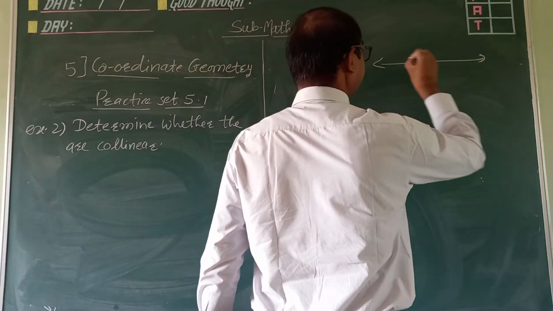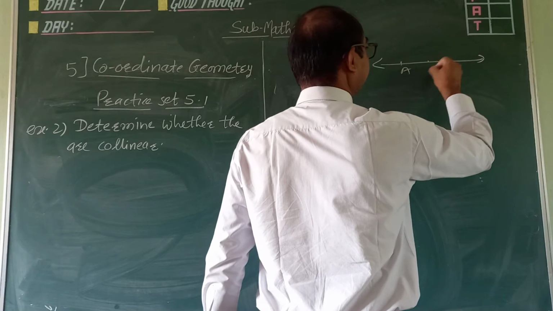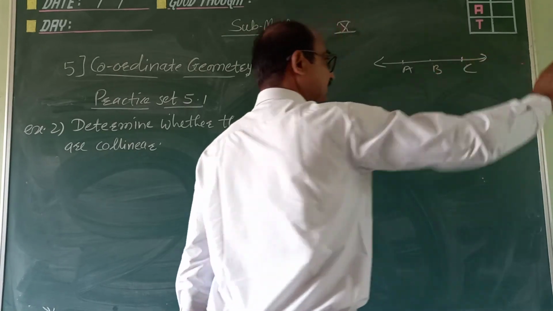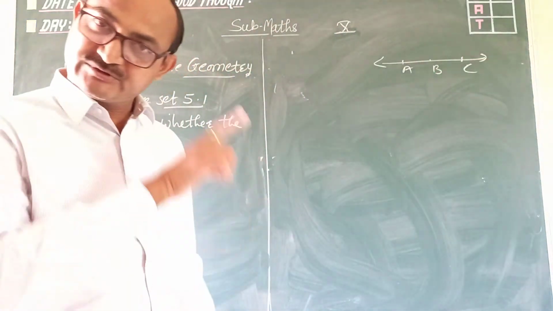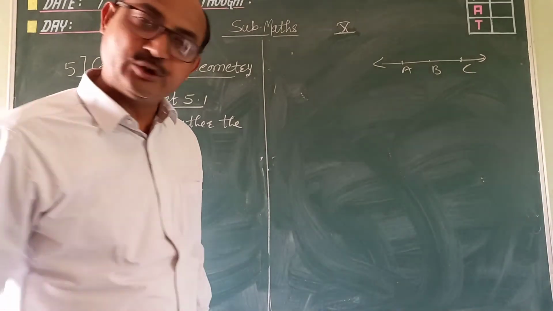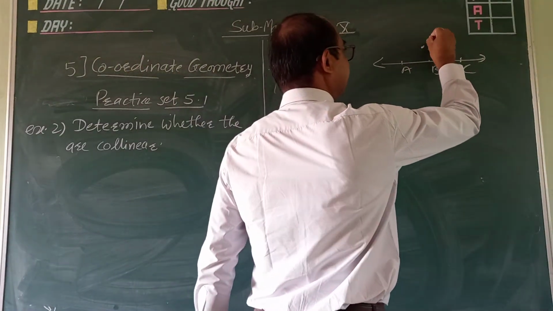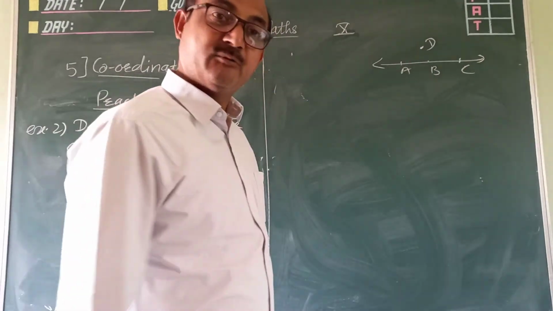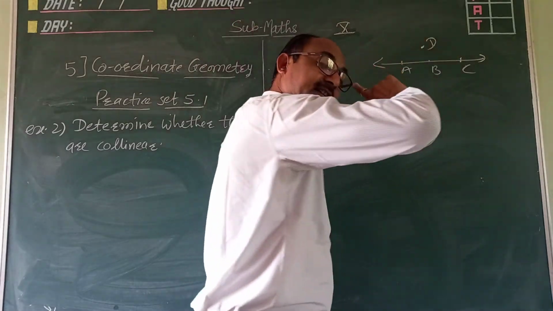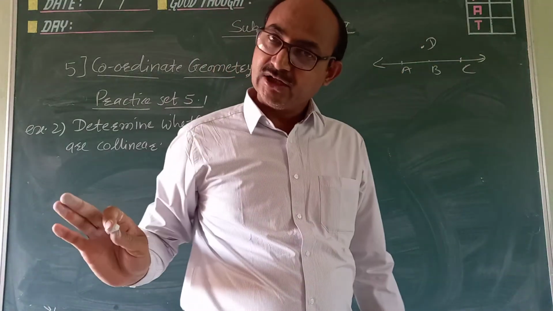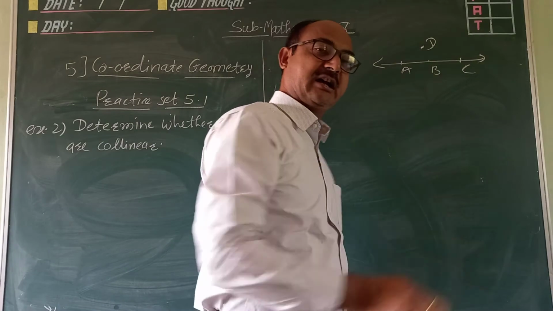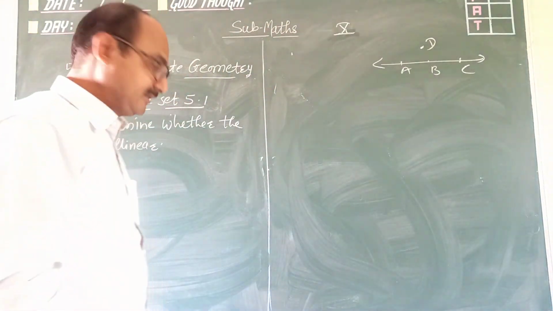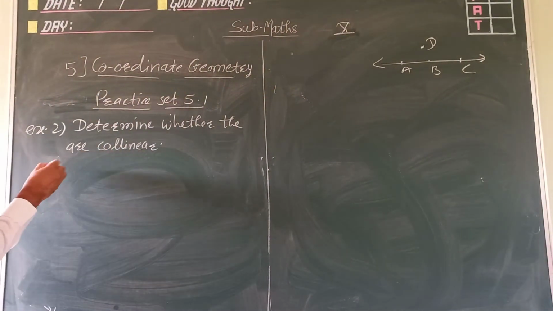Suppose this is the straight line, A, B, C. All these points lie on the same straight line, then they are collinear. But suppose we take a point D here. A, B, C, D. If we take D, then they are non-collinear, because D does not lie on the same straight line.